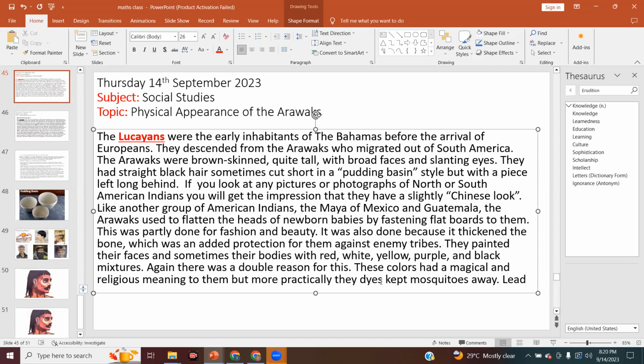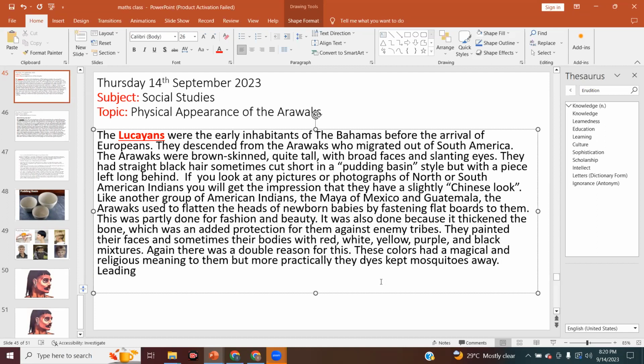So they lived a simple life, leading a simple life in a pleasant climate. The Arawaks needed few clothes.